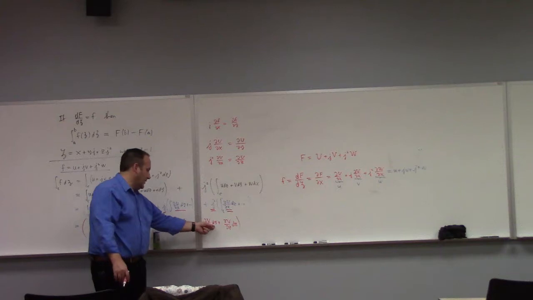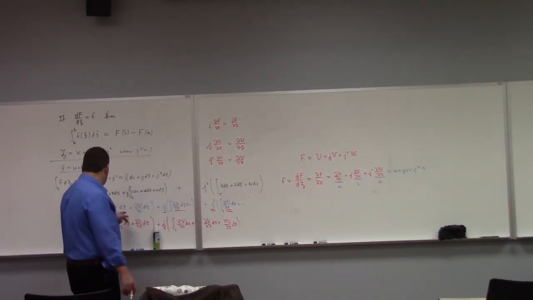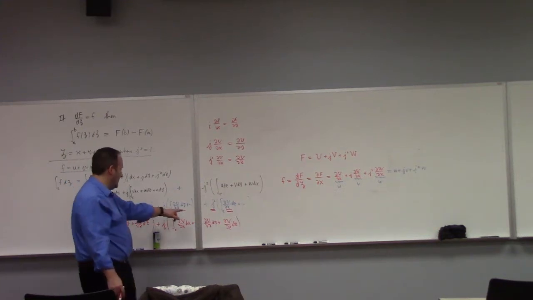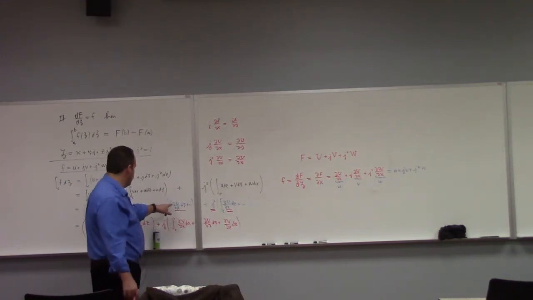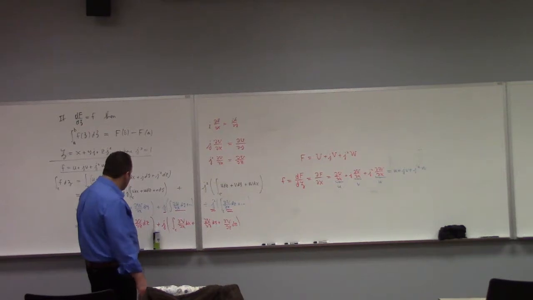How about the dy term? Dy paired with v, it's in here. I haven't written it down, but it's coming from this. Dy with v is in the j squared.